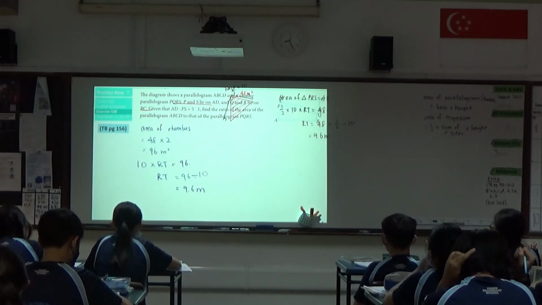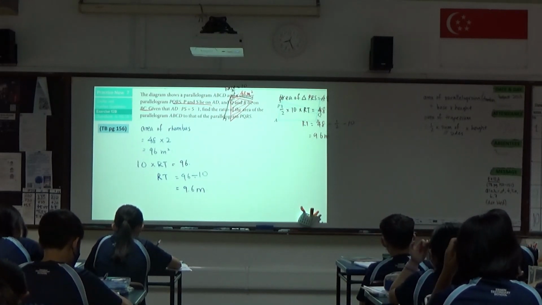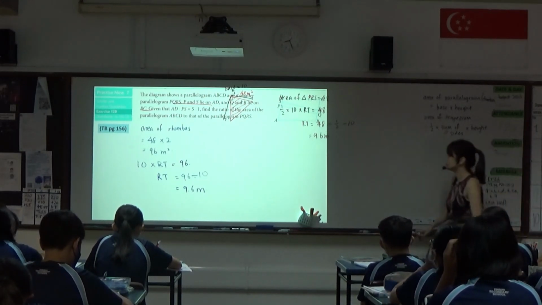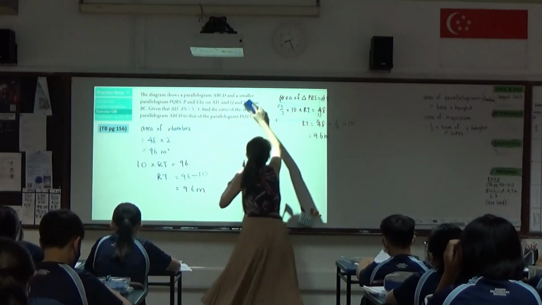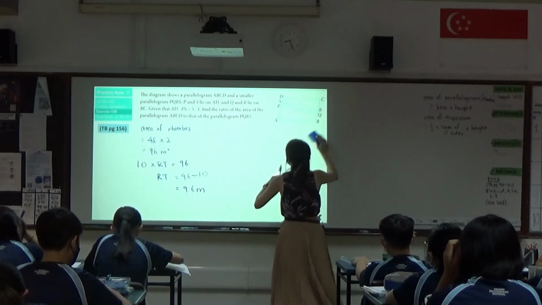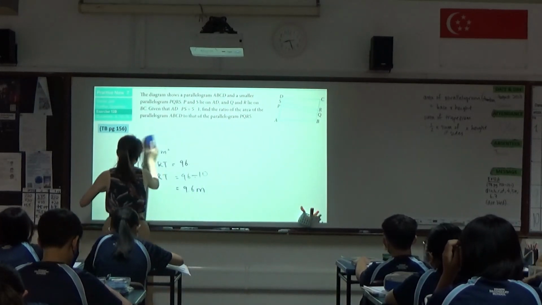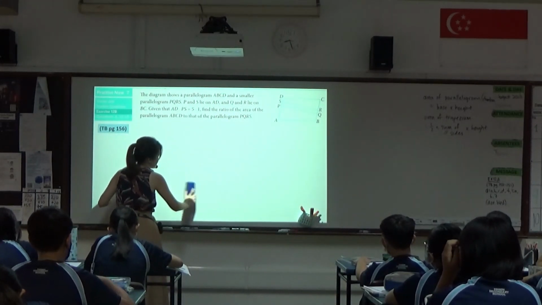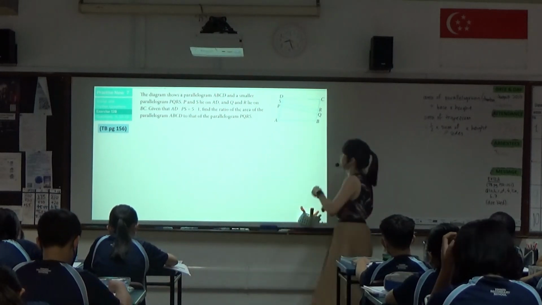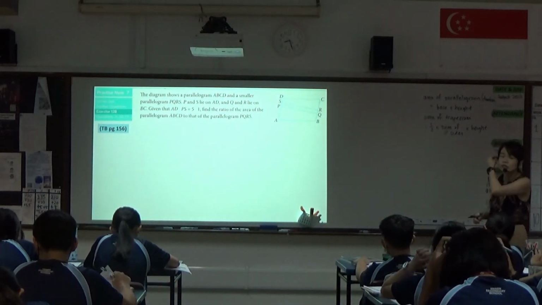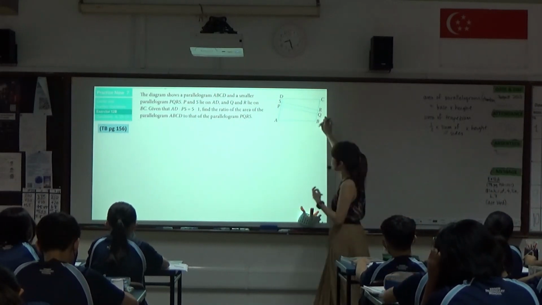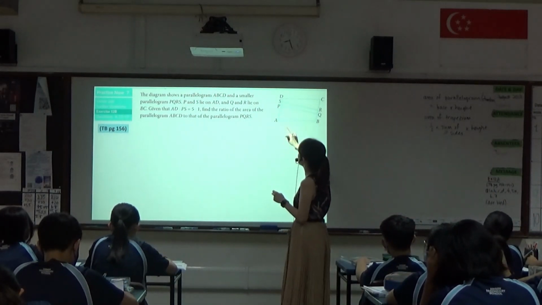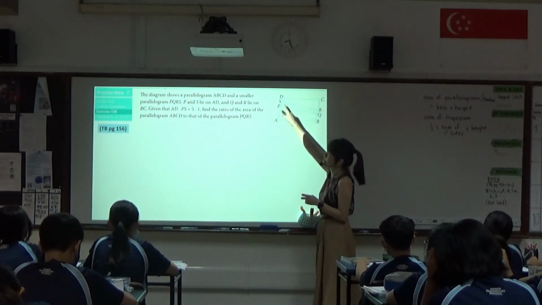Now let's take a look at practice now 7. Okay. We erase all this. Okay. In practice now 7, we are given a diagram that shows a parallelogram. The parallelogram is ABCD, and then there's a smaller parallelogram, PQRS.